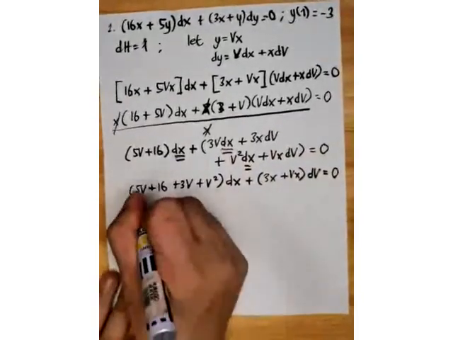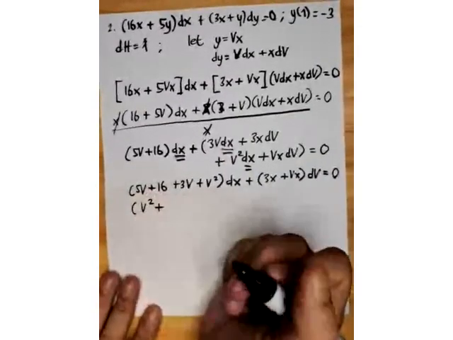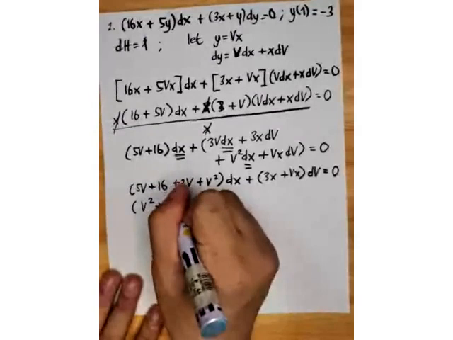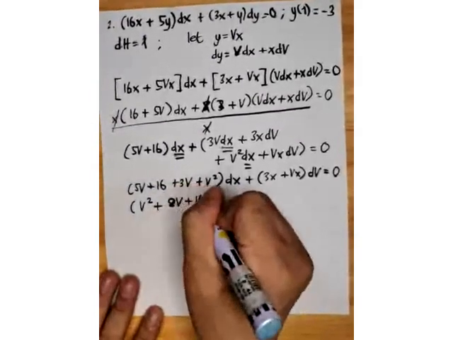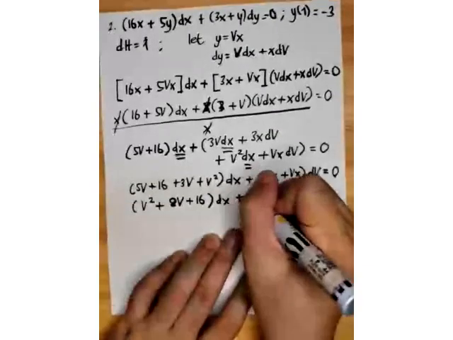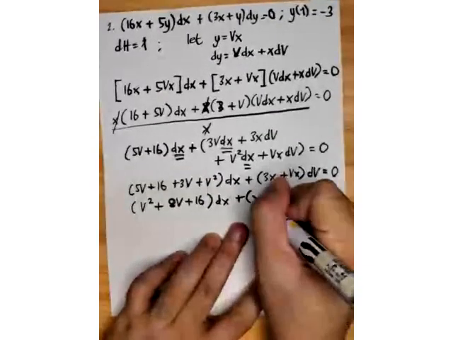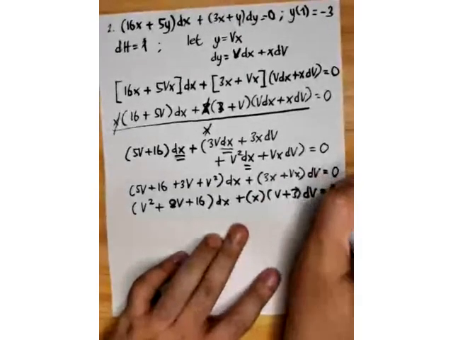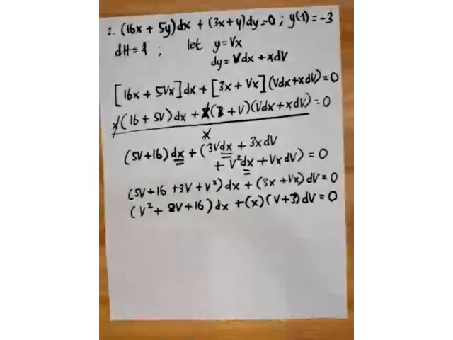Okay, and then simplify natin. So v squared plus 8v plus 16 dx plus, factor out natin yung x, v plus 3 dv is equal to 0.